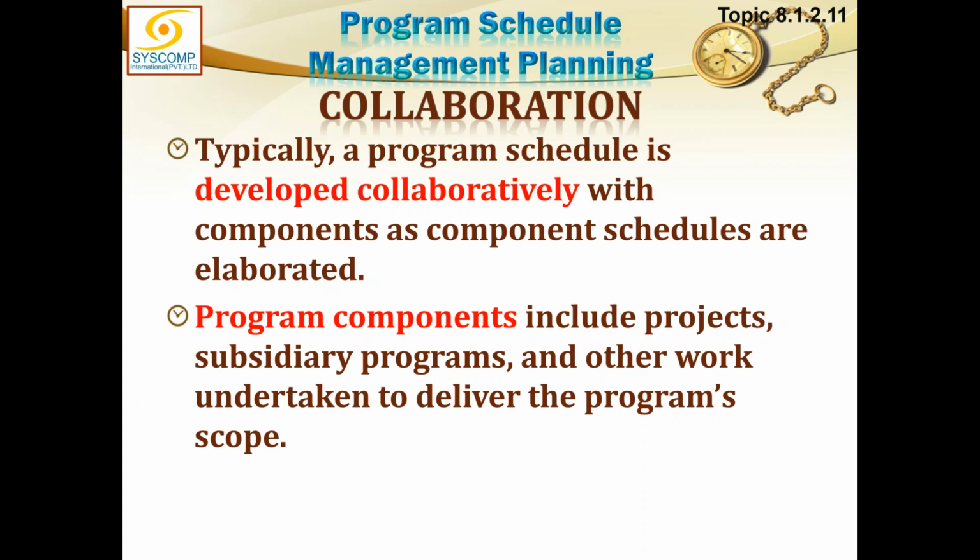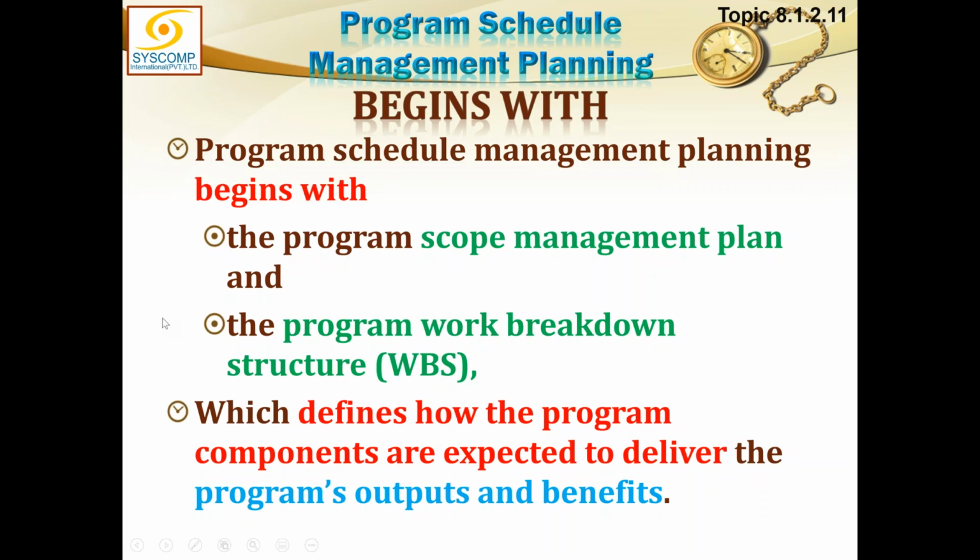Program components include projects, subsidiary programs, and other work undertaken to deliver the program scope. So all of these components have to be dealt with very collaboratively. Program schedule management planning begins with the program scope management plan, which should already be available, and the work breakdown structure for the program.